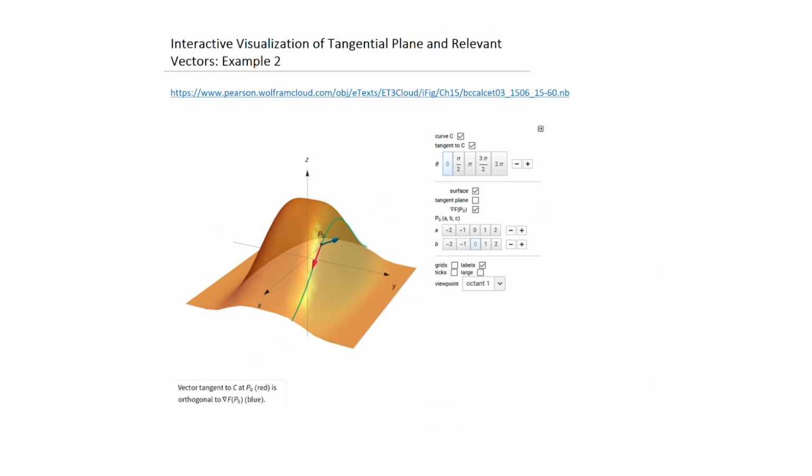Here again, you can play with which octants you're interested in. You can even choose a point of operation in the XY plane, that is the position that you're interested in on the surface. You can see also there's a blue vector which indicates the normal to the surface, and the red vector would be tangential to a particular curved line. Anyways, you can investigate this in more detail if you wish.